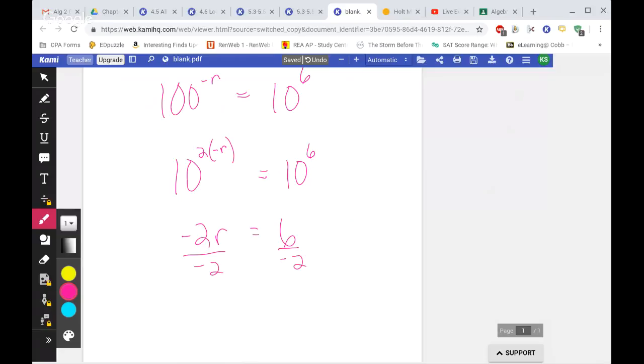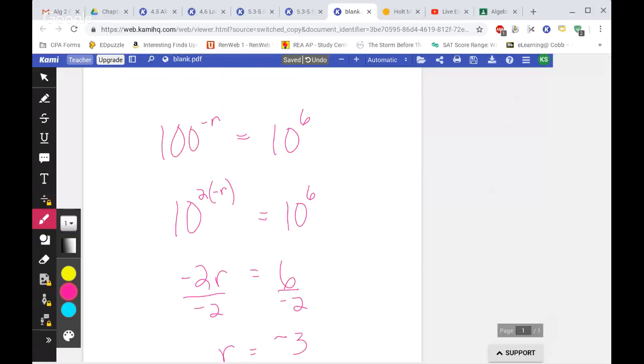Wait, I'm confused. How did you get from negative r to 2 negative r? Okay. See, 10 squared is equal to 100. So I'm changing 100 into something that has the same base. But I had to keep that there because that was the exponent. All I did was change this 100 to 10 squared.